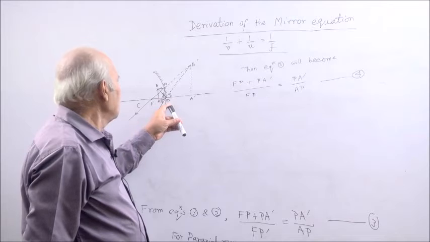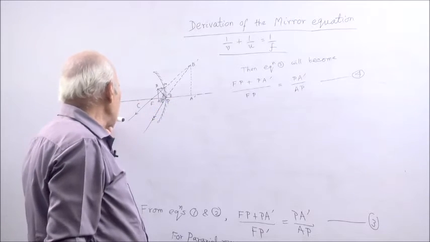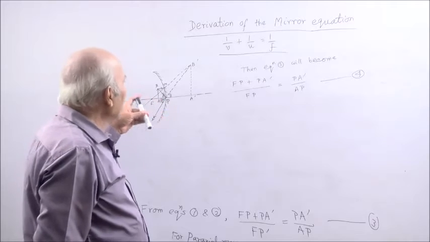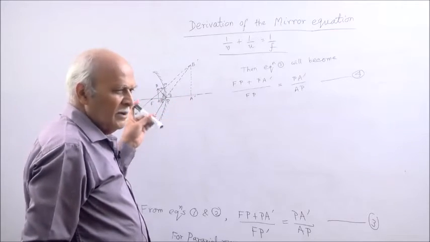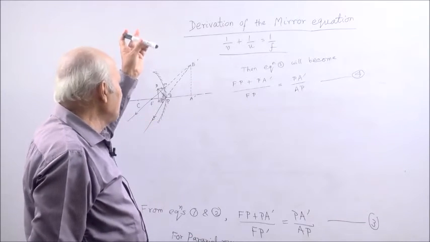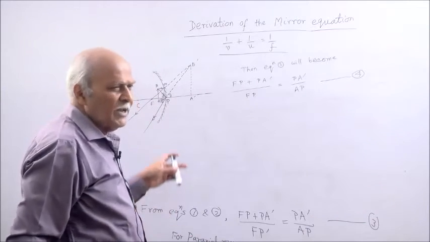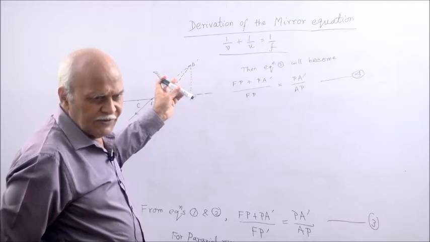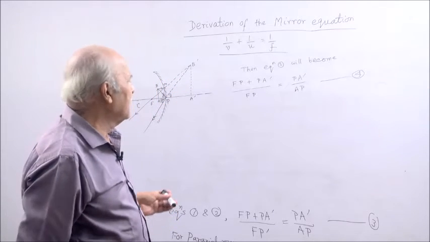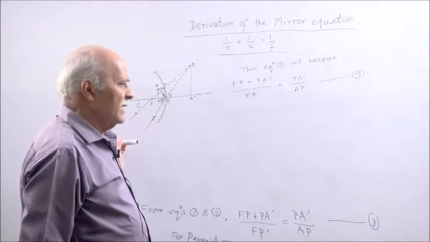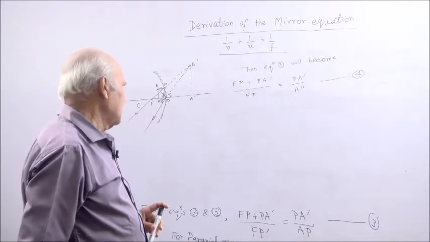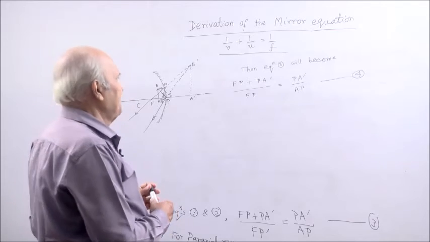If the measurement is from P to the left hand side, it is against the ray, so it will be negative. If it is along the direction of the ray of light, it will be positive. Upward is positive, downward is negative. Sometimes it is also called the Cartesian system, because in coordinate geometry, towards left is negative, towards right is positive, upward is positive, downward is negative. So, it is similar to that.